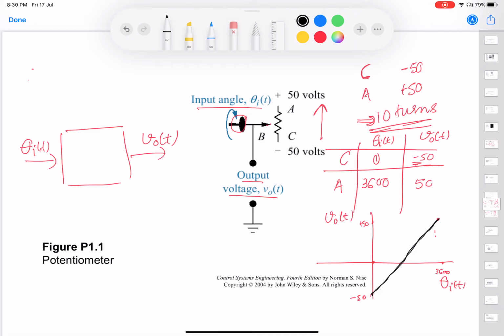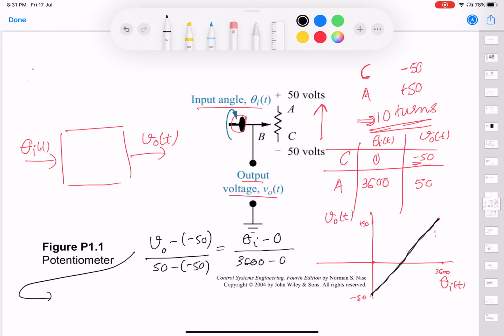You can straight away write that (v_o minus minus 50) divided by (50 minus minus 50) is equal to (theta_i minus 0), because the 0 corresponds to minus 50, divided by (3600 minus 0). When you solve and simplify this equation, you'll get v_o is equal to theta_i divided by 36 minus 50.